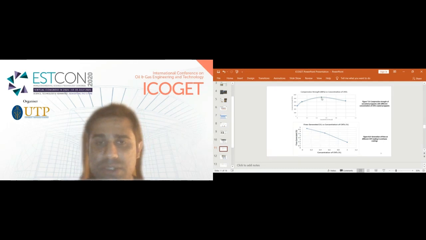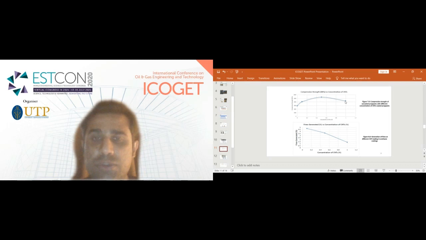If the concentration of the carbon content is increased from 0.5 weight% to 1 weight%, we see a decrease in the compressive strength. Now this decrease in the compressive strength is attributed to the agglomeration of the carbon nanotubes due to the presence of van der Waals forces between them.